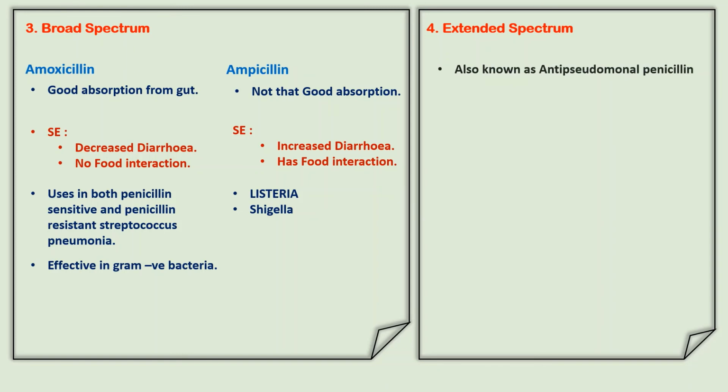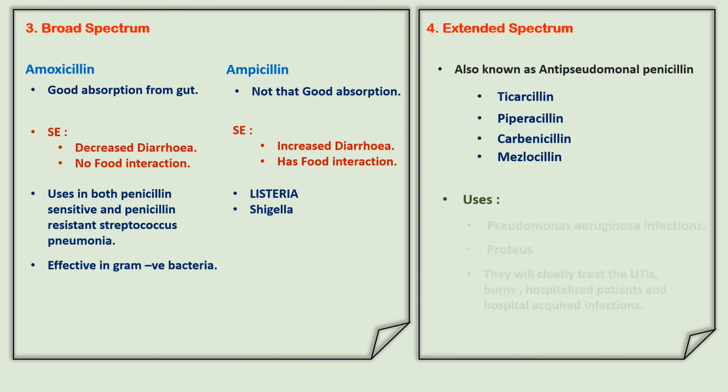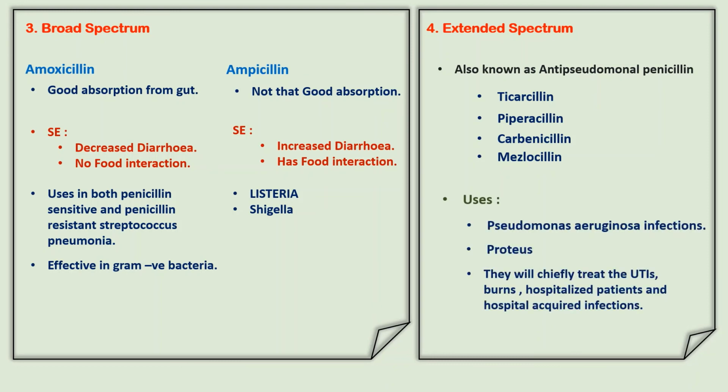These agents are also called anti-pseudomonal penicillins because these organisms are very susceptible to these antibiotics, and they include ticarcillin, piperacillin, carbenicillin and mezlocillin. These extended spectrums are mainly used against Pseudomonas aeruginosa, then Proteus infections, and even in the treatment of UTIs, burns and hospital acquired infections.